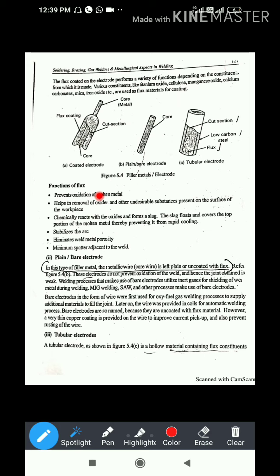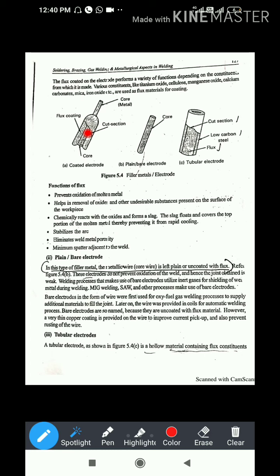The core metal may be dipped in a liquid flux, then afterwards it is dried, so that the liquid flux sticks to this core metal. The liquid flux is dried and it is used for the welding purpose.